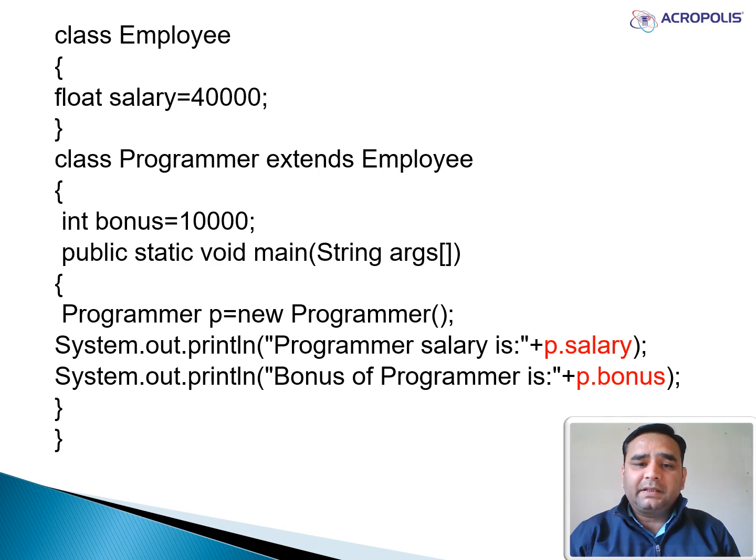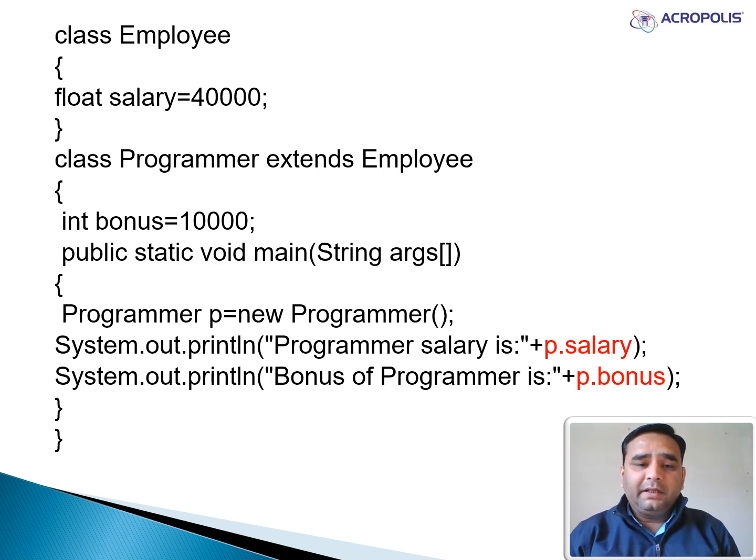We are extending the employee class in the programmer class, meaning that the programmer class is using the functionalities of the employee class. We have used the extends keyword to inherit the employee class in the programmer class. Now in this programmer class there is a data member called bonus.